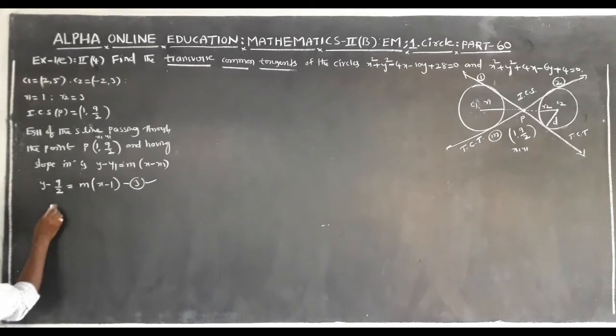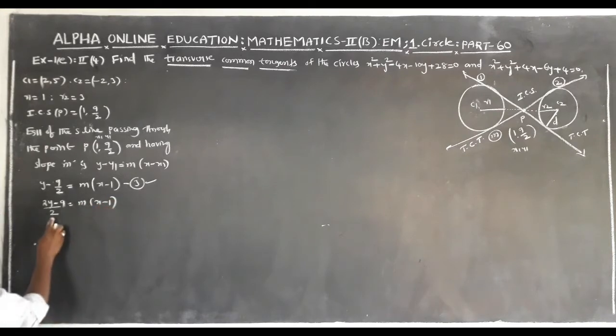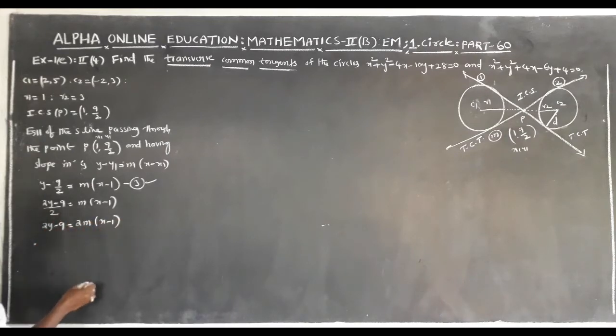Taking LCM 2, 2y minus 9 is equal to m into (x minus 1). Cross multiplication, taking to the right side: 2y minus 9 is equal to 2m into (x minus 1), that is 2mx minus 2m.